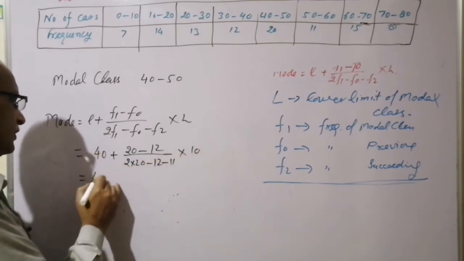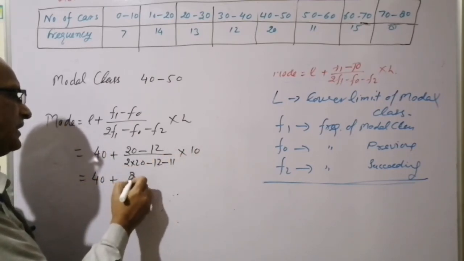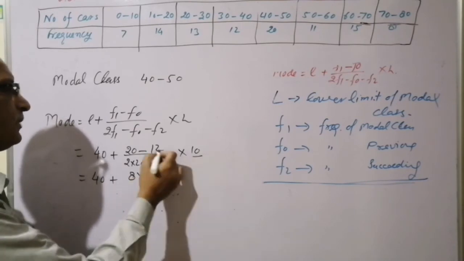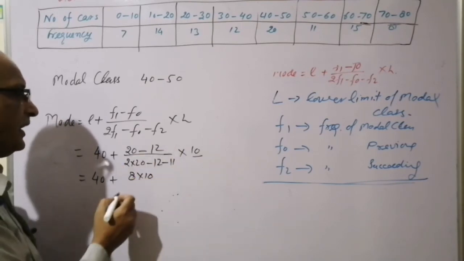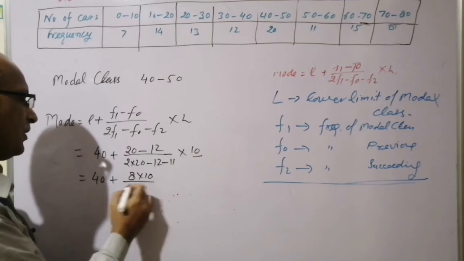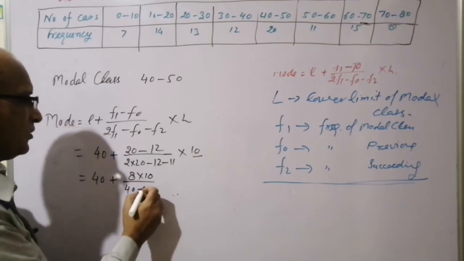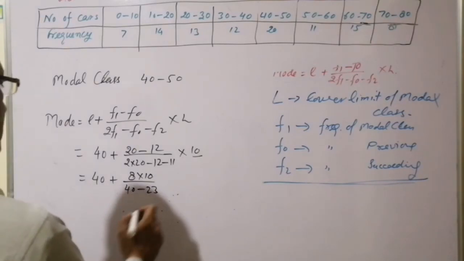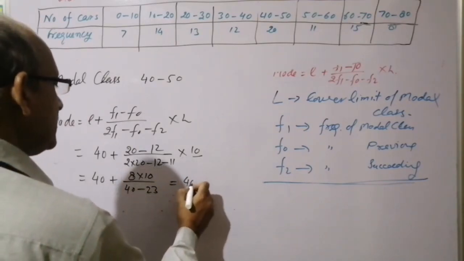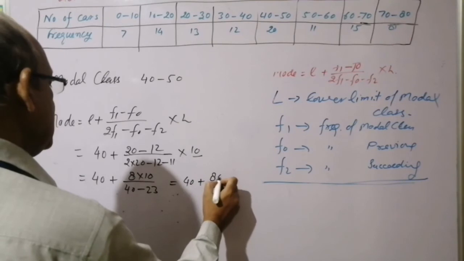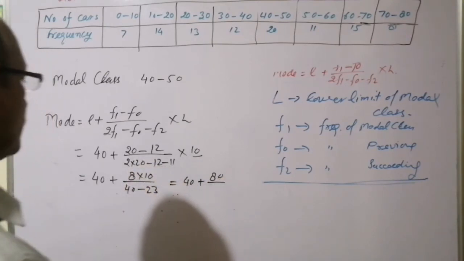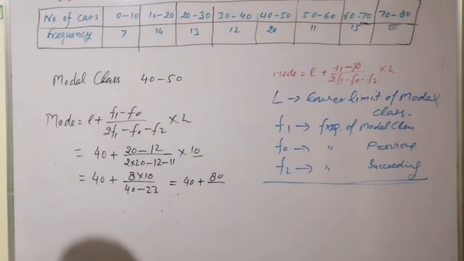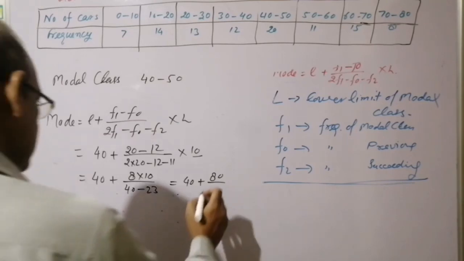So 40 plus 8 into 10. This 10 will multiply the numerator only. So 8 into 10 upon 40 minus 23. Finally we have 40 plus 80 upon 17.